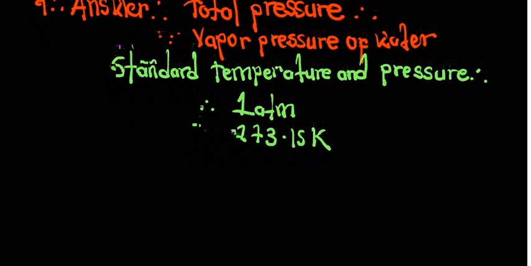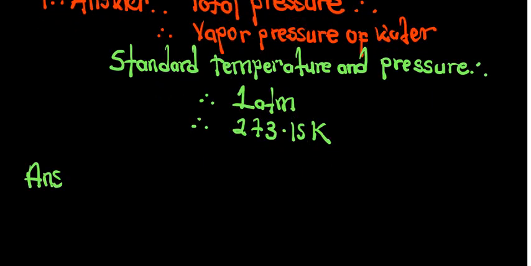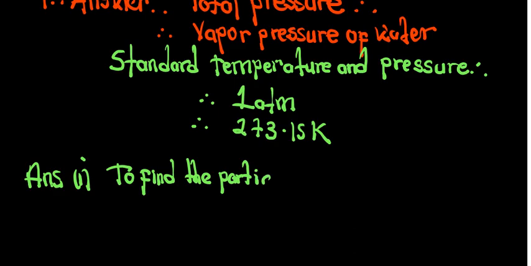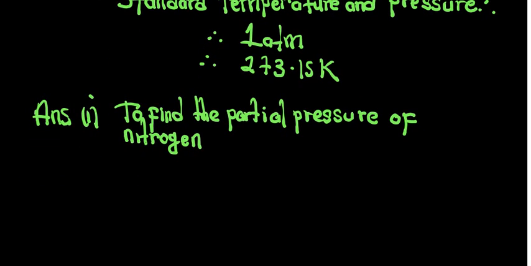So question 10A. To find the partial pressure of nitrogen, what are we supposed to do? We are supposed to subtract.